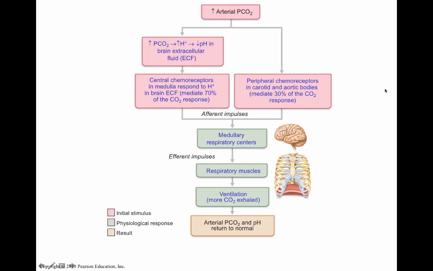So, for instance, if we see arterial pressure of carbon dioxide go up, then we have increased pressure of carbon dioxide, increased hydrogen, decreased pH in the brain's extracellular fluid that then allows for central chemoreceptors in the medulla to respond to hydrogen in the brain extracellular fluid and mediate 70% of the carbon dioxide response.